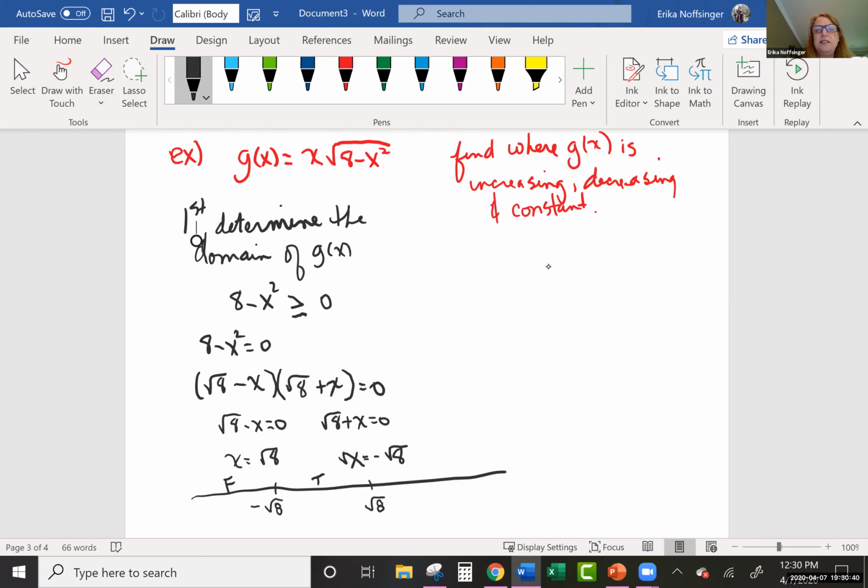When I plug it in, square it, and then subtract it, it's going to be bigger than 8, giving me a negative underneath the radical. And so this cannot be part of my domain. And so I know my domain is between and including negative square root of 8 to square root of 8.